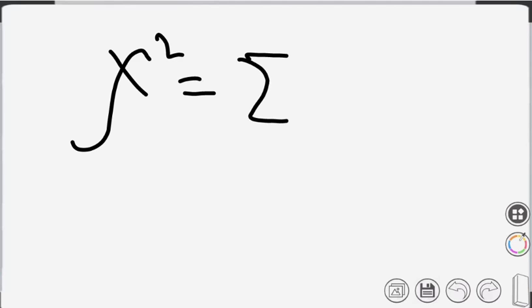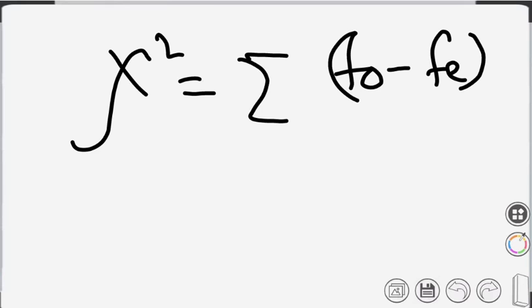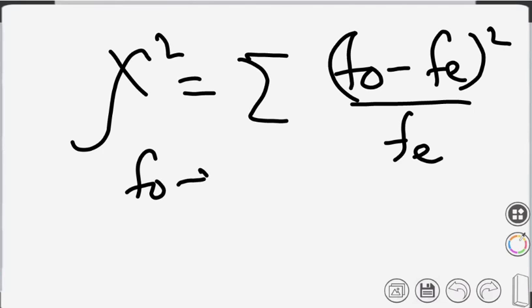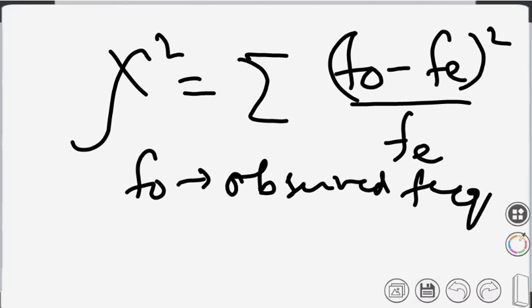We define the test statistic chi-square as the summation of (FO minus FE) whole square by FE, where FO is the observed frequency and FE is the expected frequency.